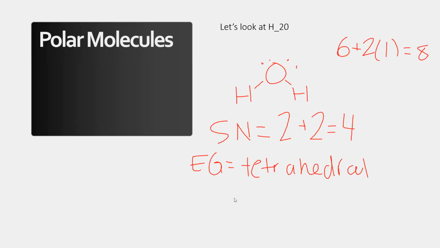And, okay, so we have a molecular geometry that is also known as angular. Okay, and then we can identify the bond angle as less than 109.5 for that particular molecule.